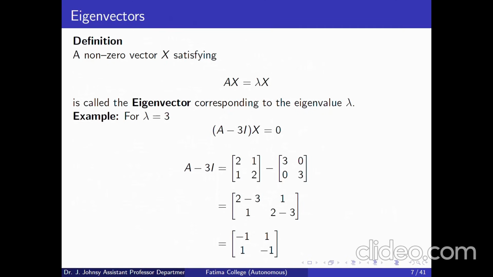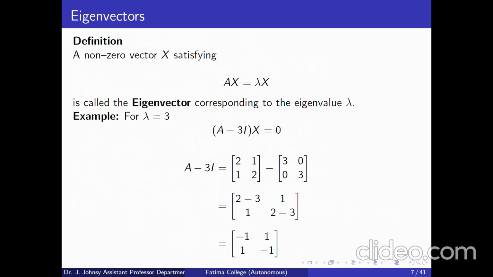Next definition, eigenvectors. A non-zero vector x satisfying the equation Ax equals lambda x is called the eigenvector corresponding to the eigenvalue lambda. Here is an example. For lambda equal to 3, then A minus 3 times I into x equal to 0.